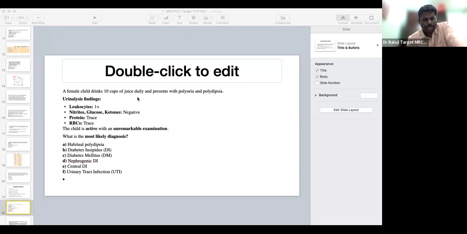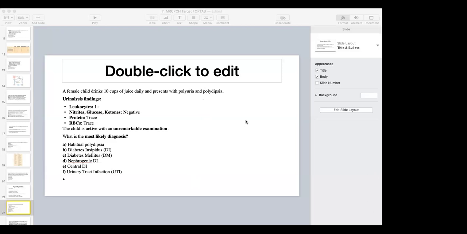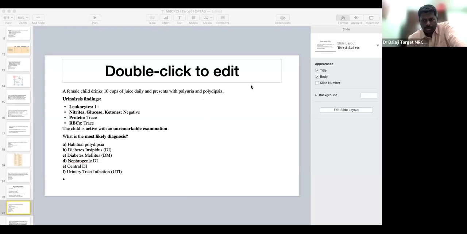So how are you going to prove that this is habitual polydipsia? So in a specialist center, we can go for the water deprivation test.